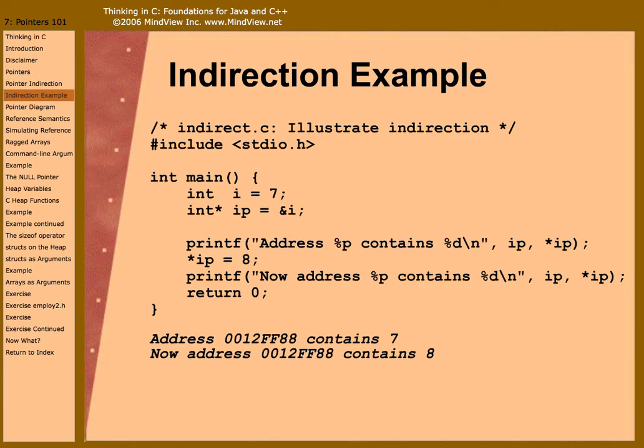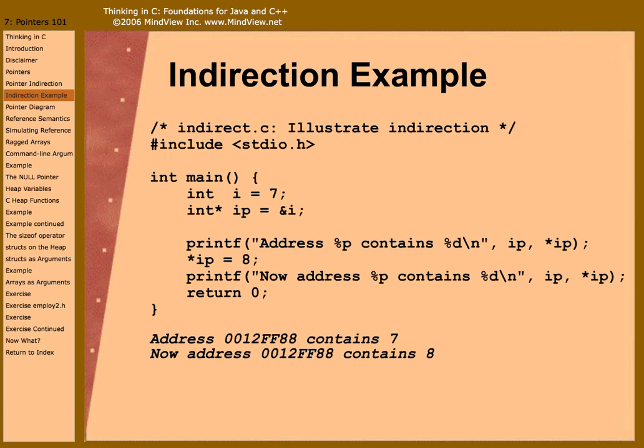This example illustrates the two pointer-related operators as well as a pointer-related format specifier for the printf statement. What I'm doing here is declaring an integer i, initializing it to 7, and then I declare ip to be a pointer to an integer. That's the role of the asterisk in the declaration.